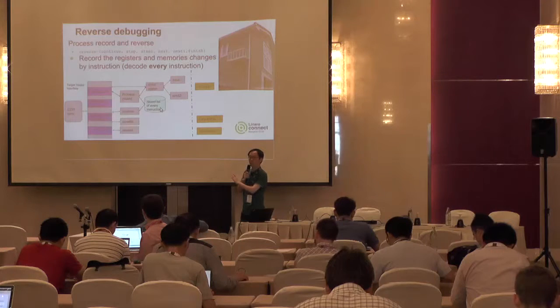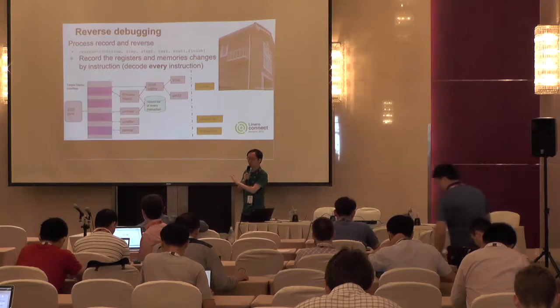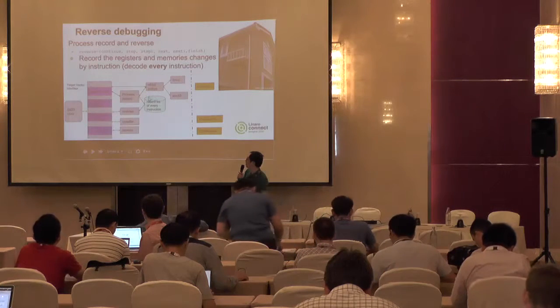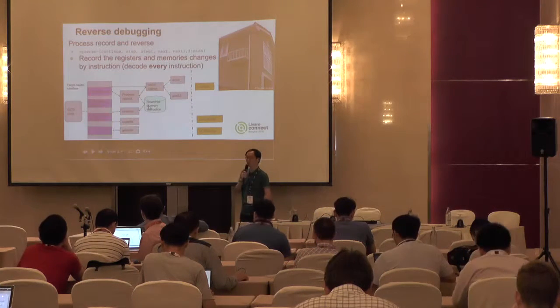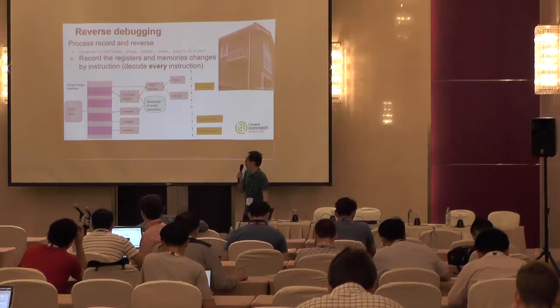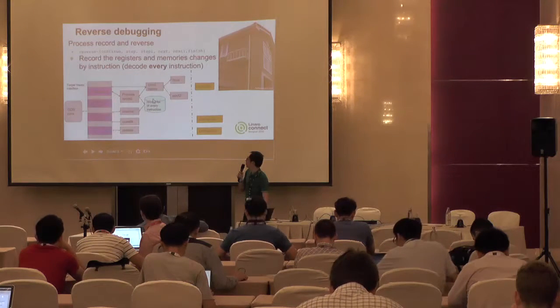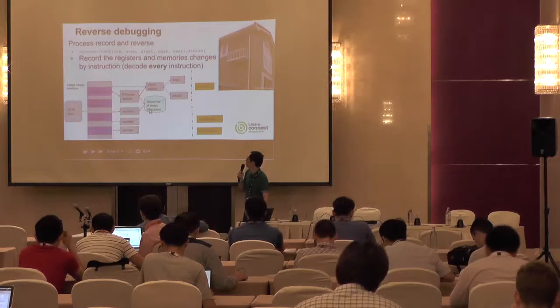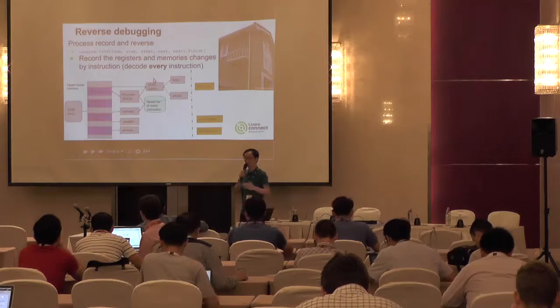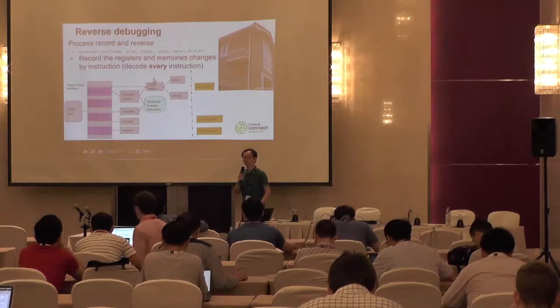So the program is still there, but in fact it's not executed. GDB reads everything from the recorded history. When you want to stop reverse debugging, GDB will just switch from reading history back to normal execution, so your program can continue forward execution.